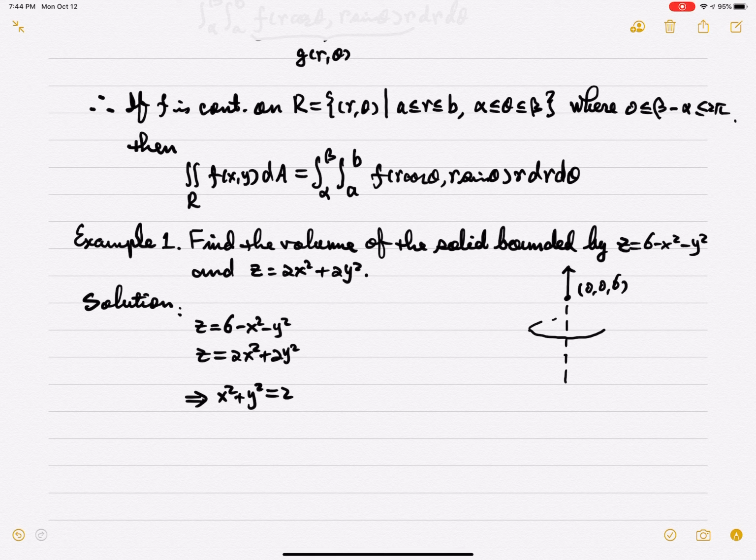Like that. And then suppose this is the y-axis, this is the x-axis, and the top one opens down, like this, and the bottom one opens up, like this.